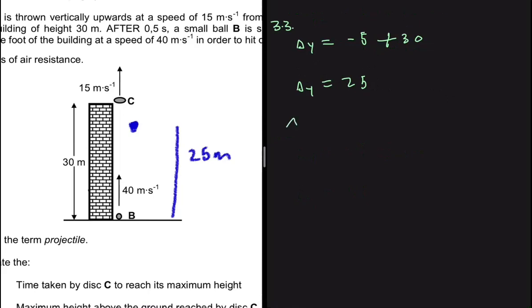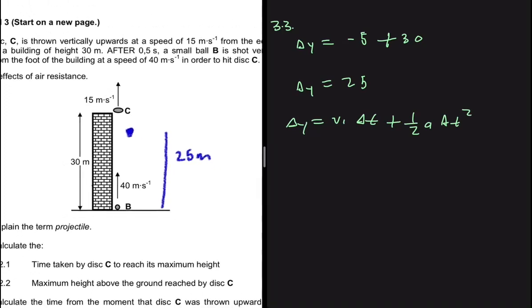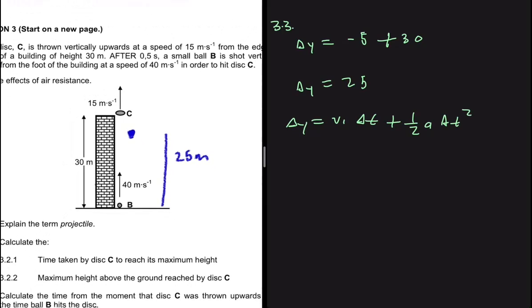Delta y is equal to Vi delta t plus a half a delta t squared. So this is for our disk C, right? So that delta y will be equal to Vi, which is 15, multiplied by the time, multiplied by t, because we don't know the time at which they strike each other.